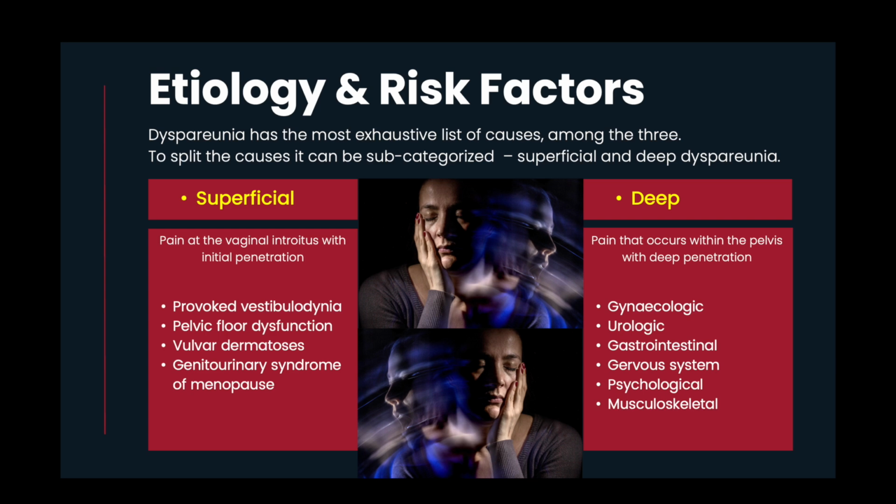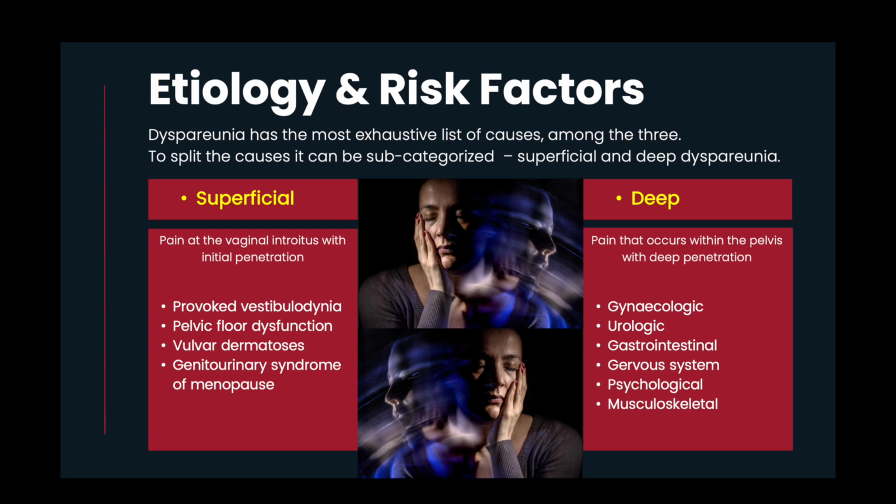Having understood the difference in the meaning between these three pain terminologies, today we'll focus only on understanding dyspareunia. So dyspareunia can be subcategorized into two groups, superficial and deep. Superficial means that the pain is at the vaginal introitus with initial penetration, while deep dyspareunia means the pain that occurs within the pelvis with deep penetration.